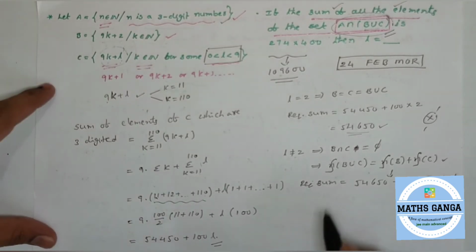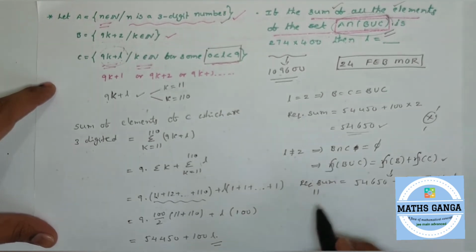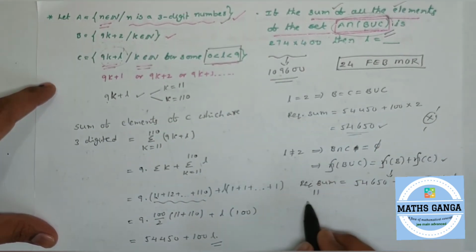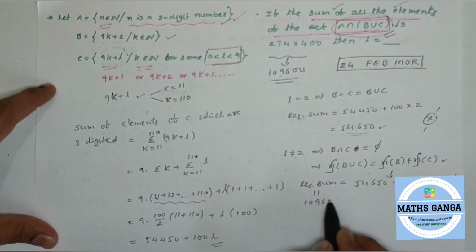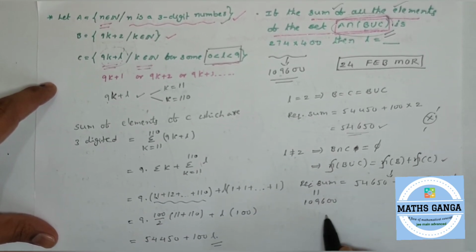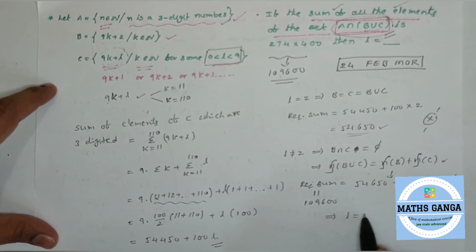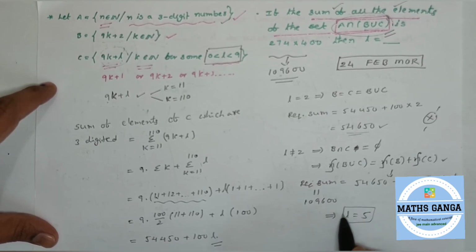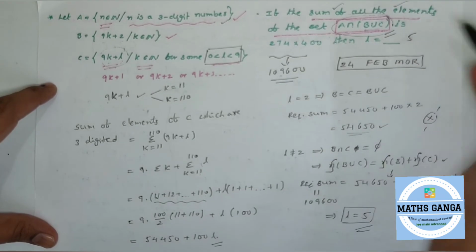And that required sum, as mentioned, is 274 into 400, which is 109600. So you just solve this, and on simplification you will get the L value as 5. So 5 is your answer.